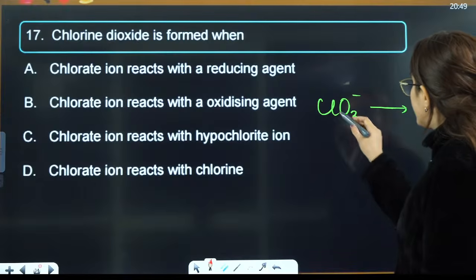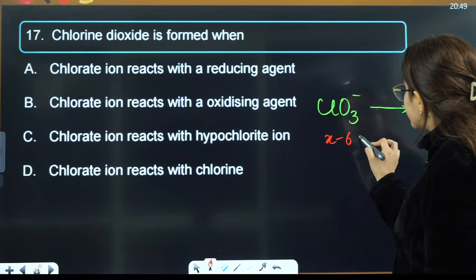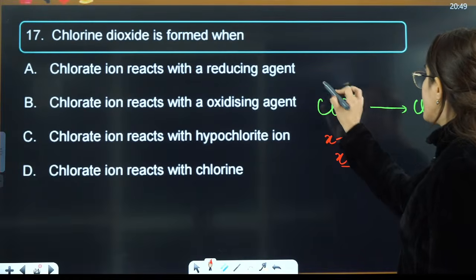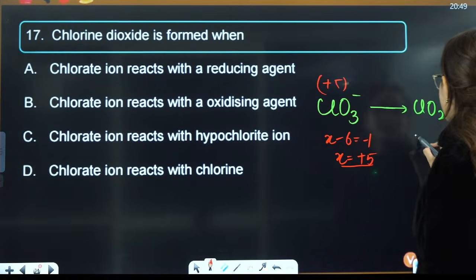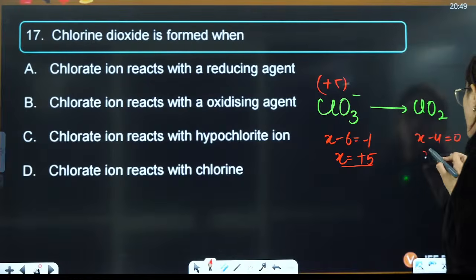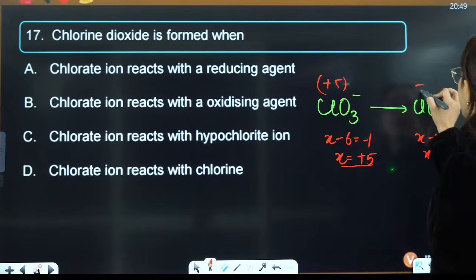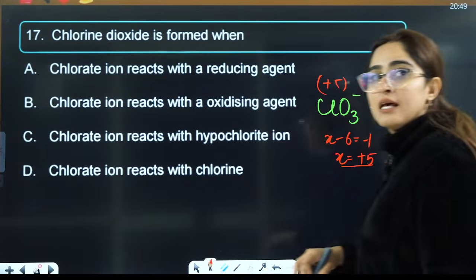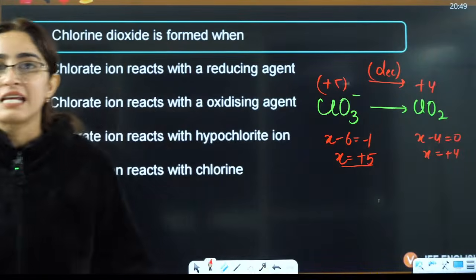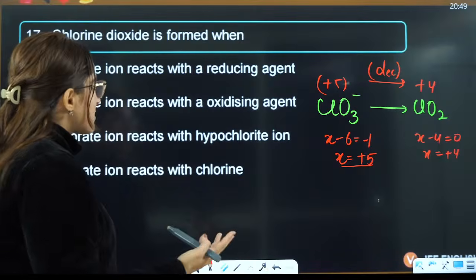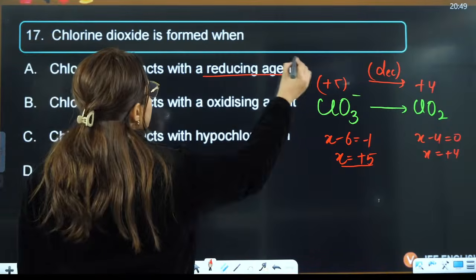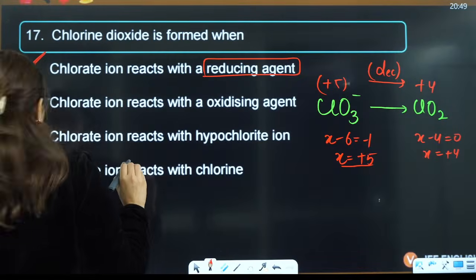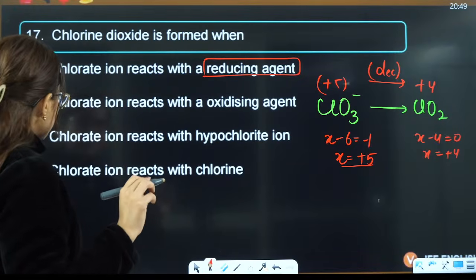Here x minus 6 equals minus 1, so x equals plus 5. Here x minus 4 equals 0, so x equals plus 4. Can you see there is a decrease in the oxidation state? So if the oxidation state is decreased, that means reduction is happening, which means you need a reducing agent for that. So A is the correct answer here, right? Okay.